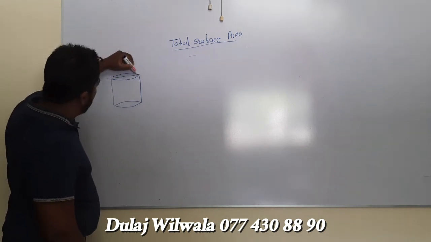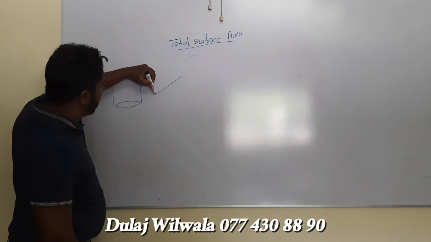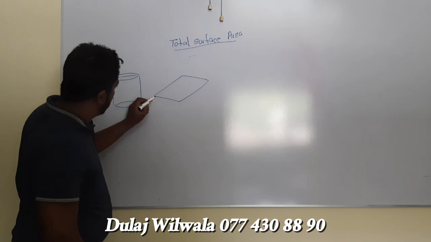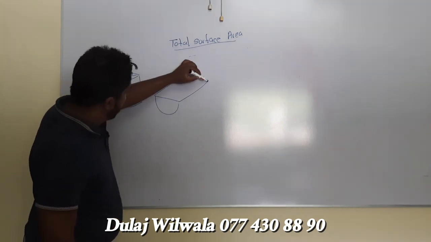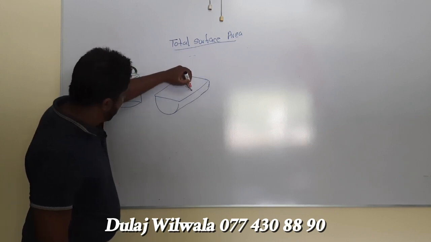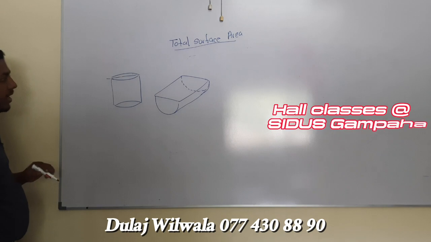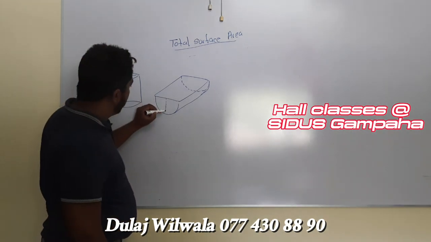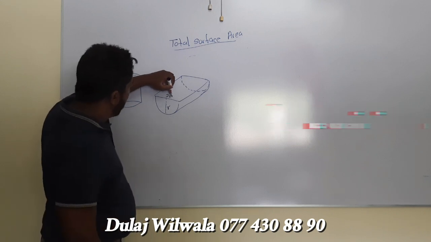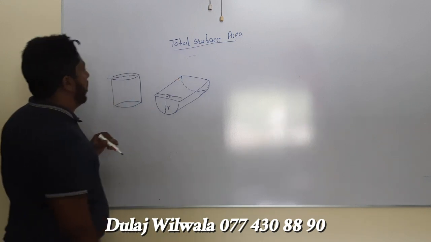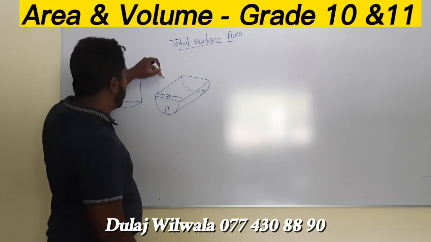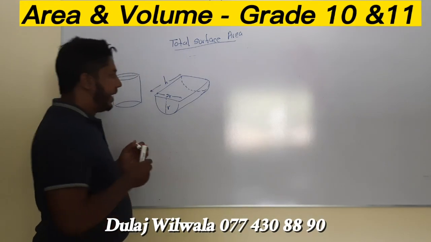So you will get something like this, where this would be r, the radius. So this will be 2r, the diameter, and this will be, now I have put it sideways and drawn it, so this will be the h.